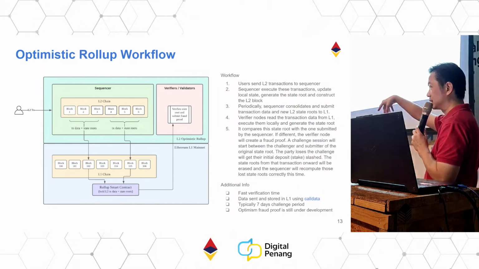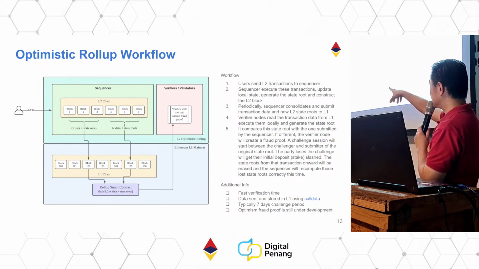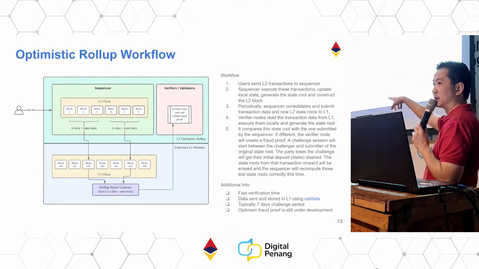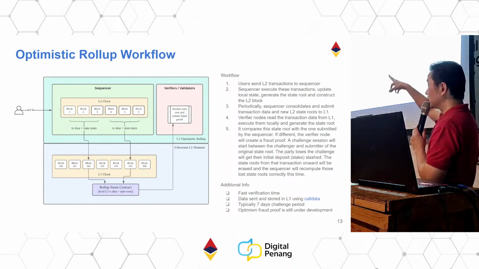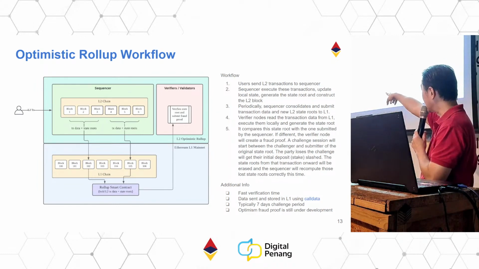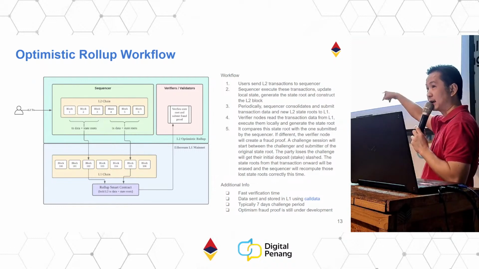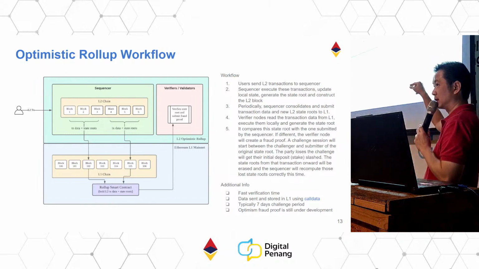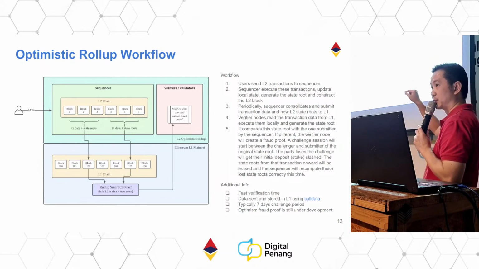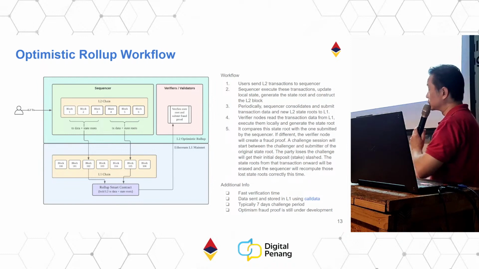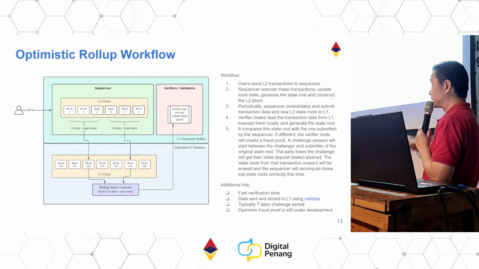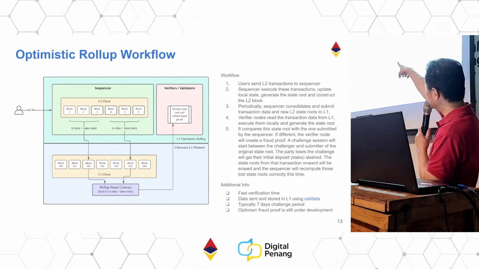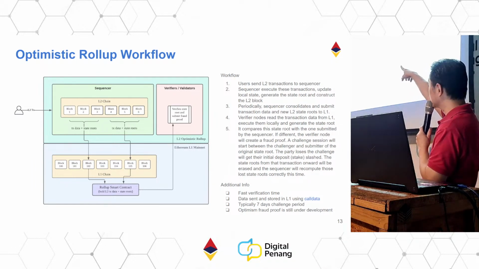From doing this, you can already see how rollup is helping Ethereum to scale. Because if we did not have a rollup, all the 1,000 transactions would have to go directly into Ethereum, and those 1,000 transactions would have to be processed by every single full node in Ethereum, causing problems because you have to do the calculation 1,000 times. Now instead of 1,000 times, you're doing it just one time. The rest of the calculation is done on the rollup side, the sequencer side.